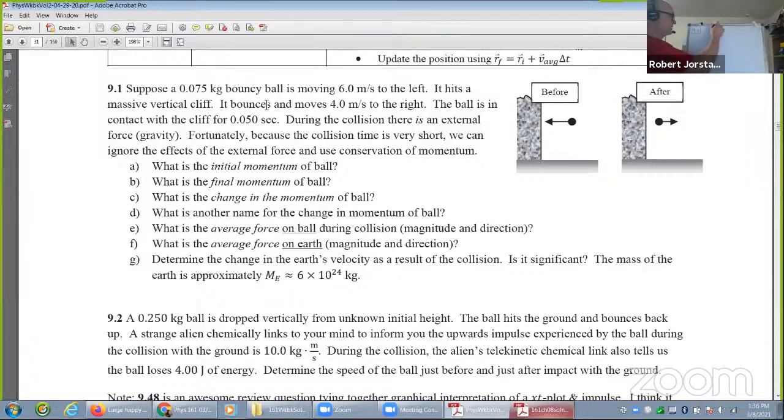Okay, so there's a before picture and an after picture. That's a hallmark of any momentum problem. You better do both. Okay, so before, it's going this way, and I think it said it's going that way. It's 6.0.